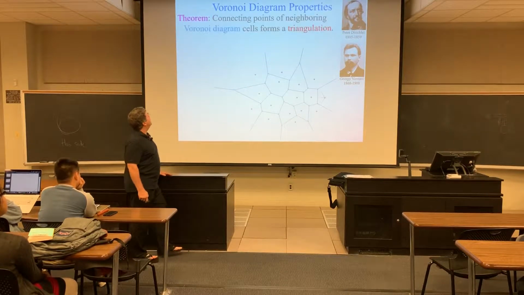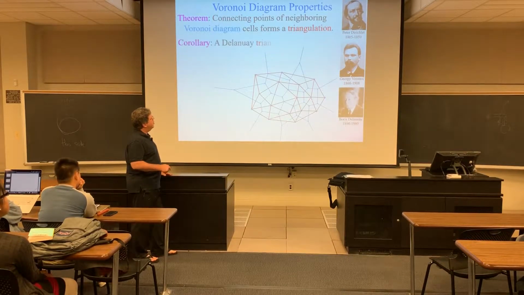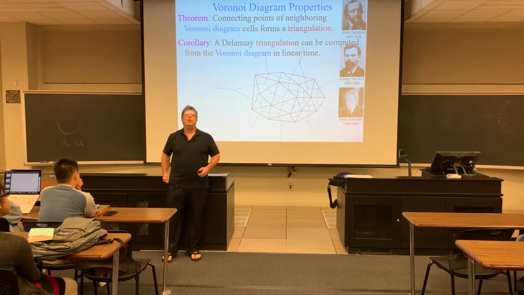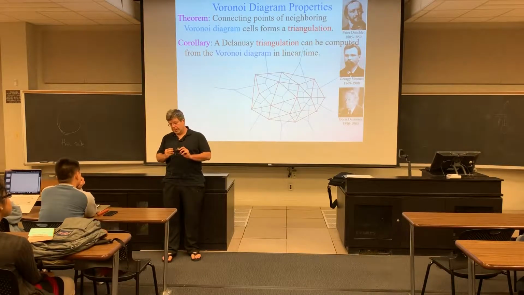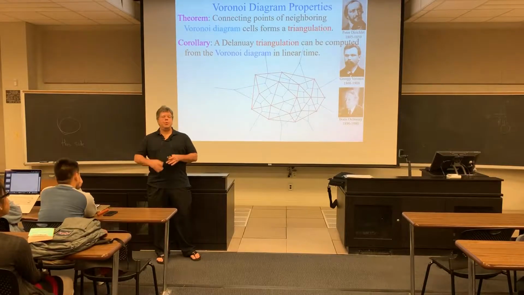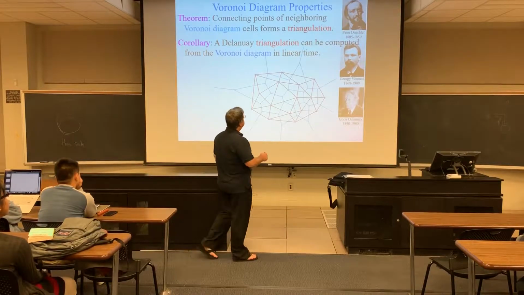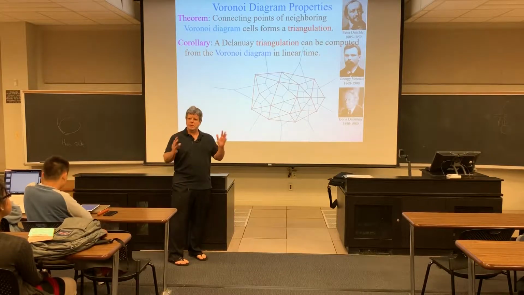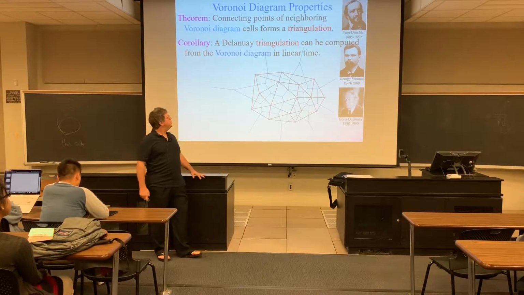And the graph dual of the Voronoi diagram is a Delaunay triangulation. Basically you connect all points which have a joint Voronoi cell border, and it gives you a nice triangulation.